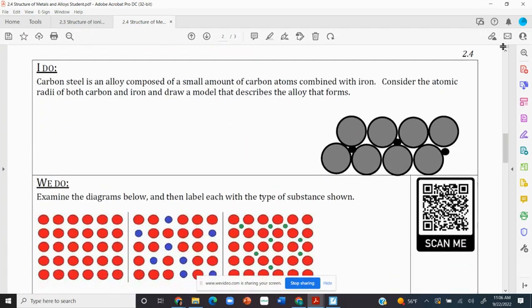Yeah. All right. Carbon steel is an alloy composed of small amount of carbon atoms combined with iron. Consider the atomic radii of carbon and iron and draw a model that describes the alloy that forms. So there's your model. You can see where we've got the carbon fits snugly down in here.